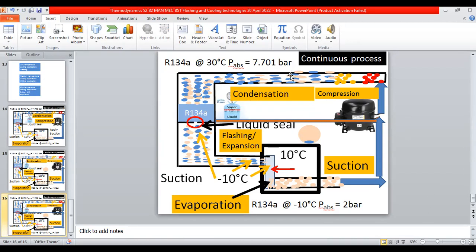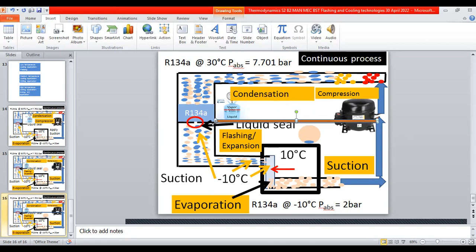Above this is the high pressure side. For the high and low pressure sides, the responsible processes are this flashing, and this suction and compression that takes place at the compressor.